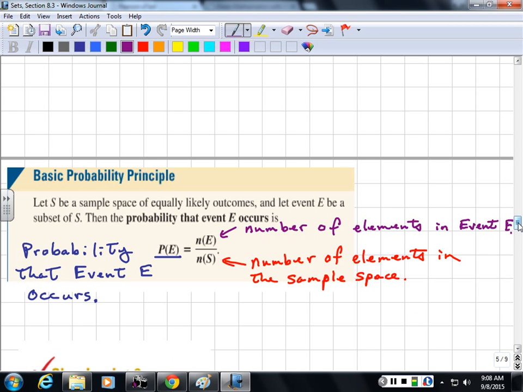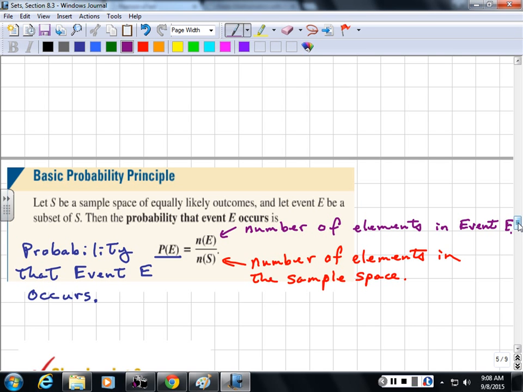P of E, notice this is a capital P, means probability of the event E occurring, and it will be equal to the number of possibilities in the event E divided by the number of possibilities in the sample space. It's simply a ratio. This one is the number of elements in event E, and this is the number of elements in the sample space.